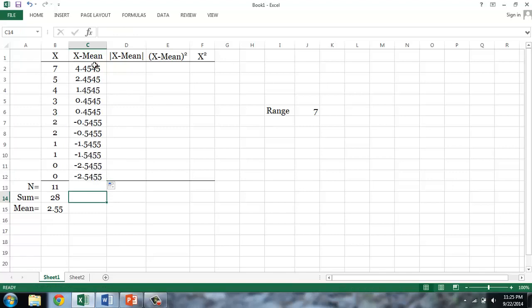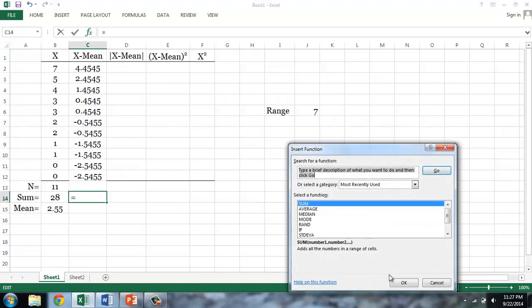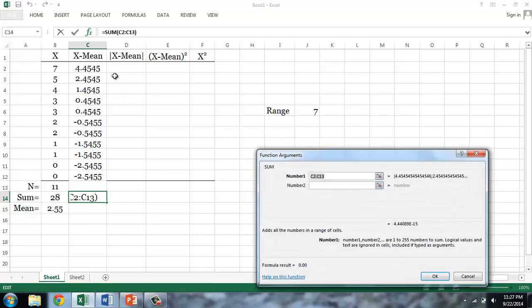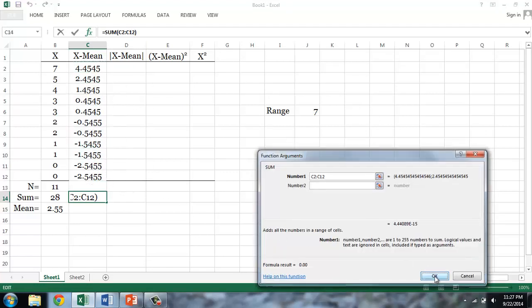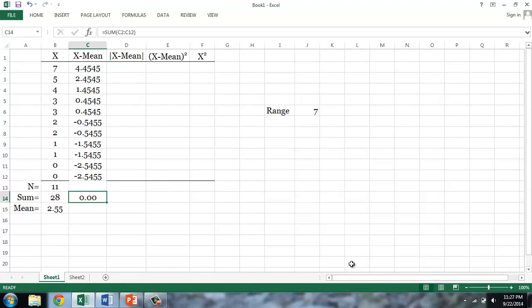Now, if I sum these deviations, let's see what happens. As you can see, the sum is 0, which doesn't really tell us much.